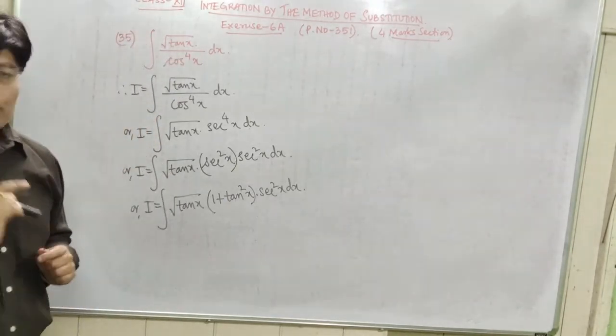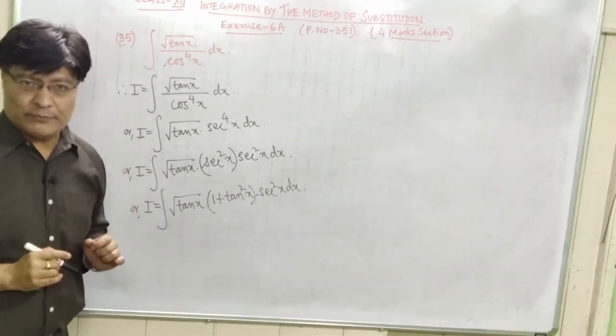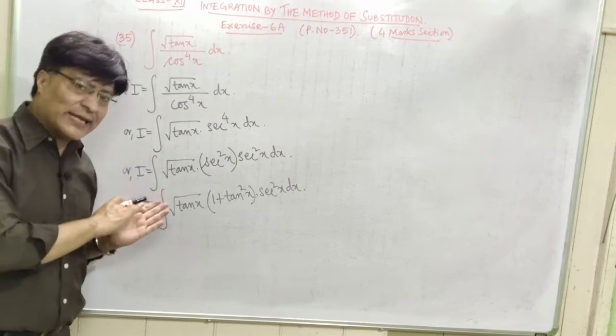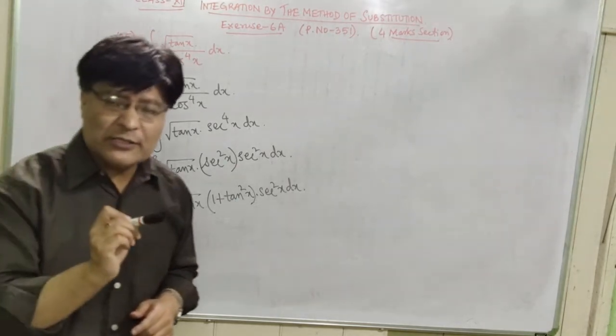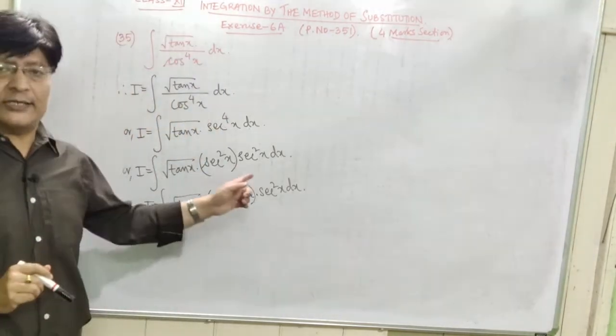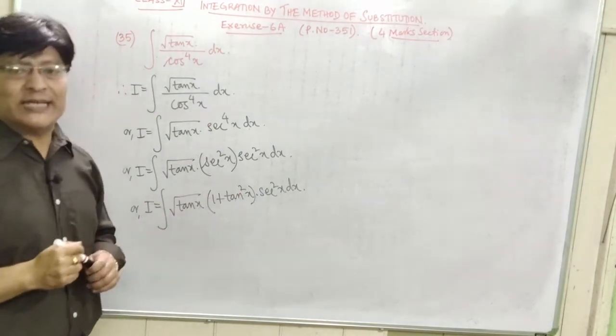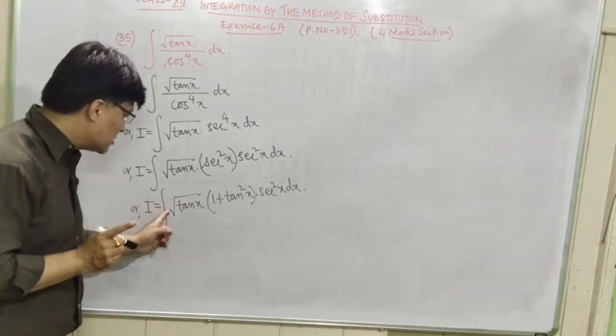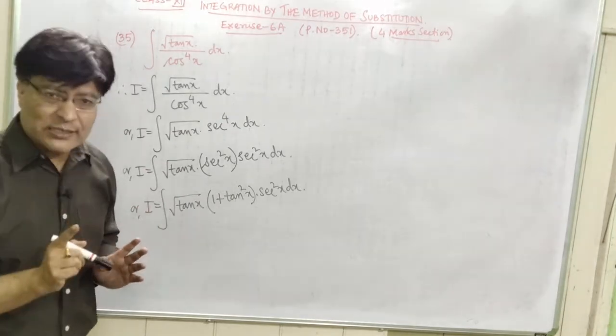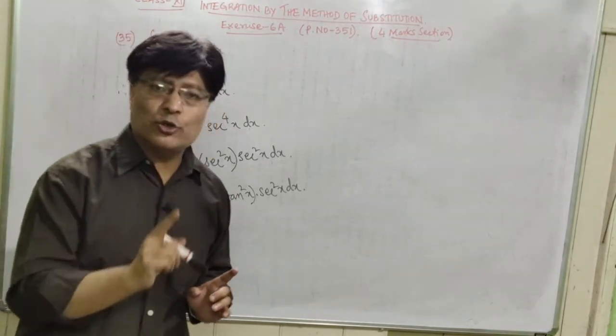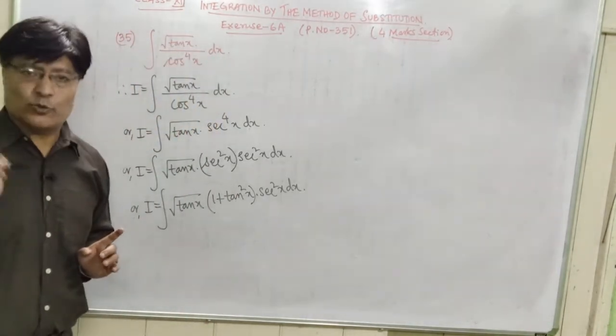Okay, now you can do the method of substitution. So what is the relation between tan x and sec square x? Differentiation of only tan x is sec square x. So we can assume tan x as z. But since this is under square root, and it is in the numerator, don't assume this tan x as z square.